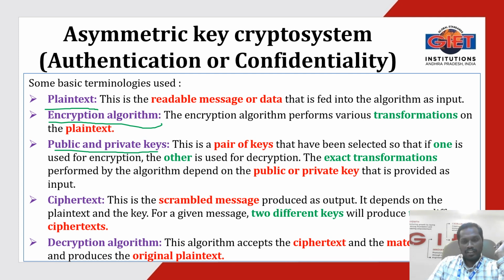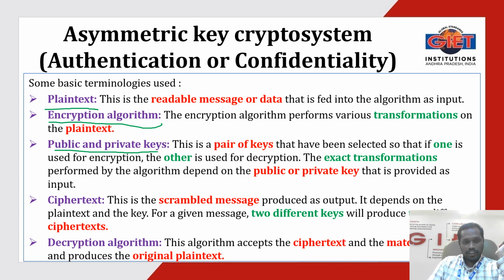So whoever in the network wants to make use of asymmetric key cryptography has to generate two keys, that is public key and private key. These are the pair of keys, and one will be shared with the sender and another will be shared with the receiver.